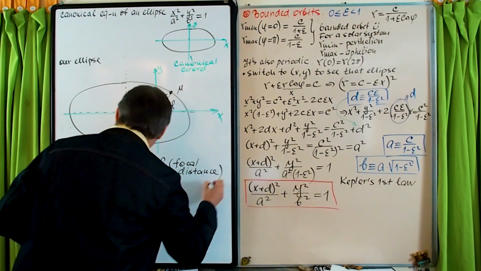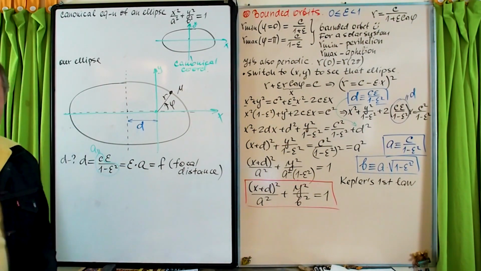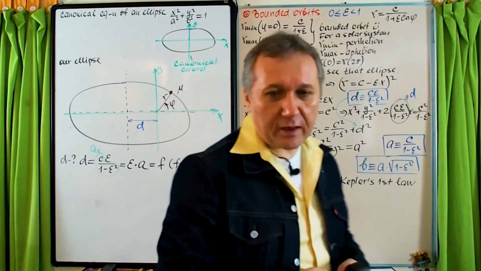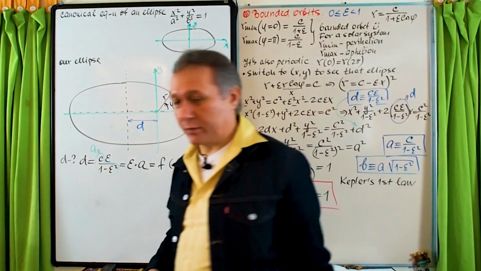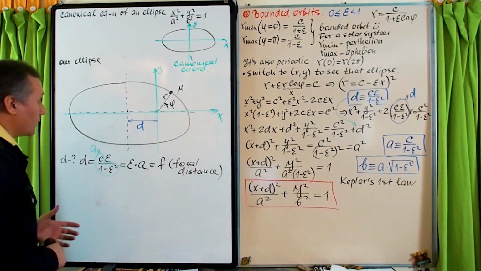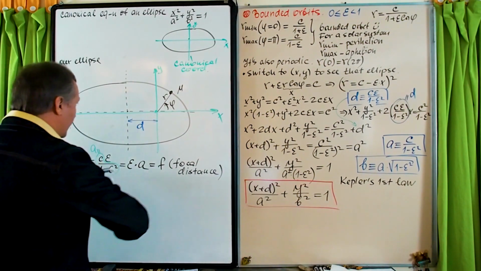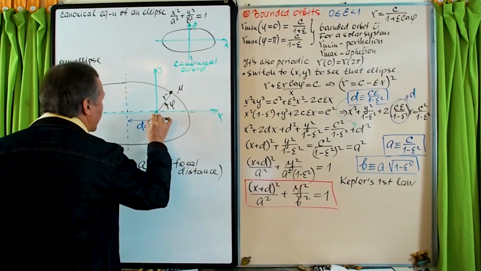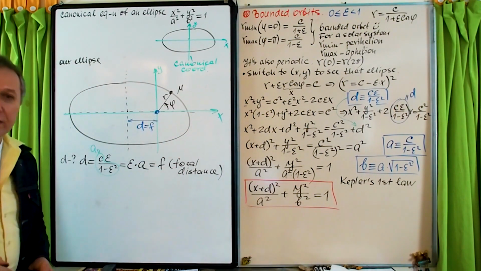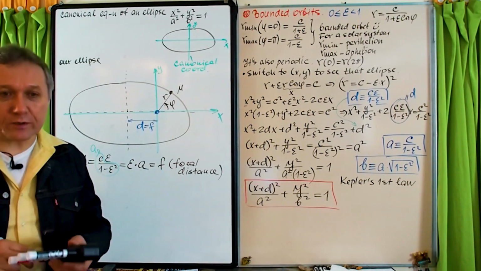So d is actually the focal distance. Probably I should have used the F symbol from the very beginning, but I just followed the book. So this F is the focal distance, and it means that this point is one of the foci.